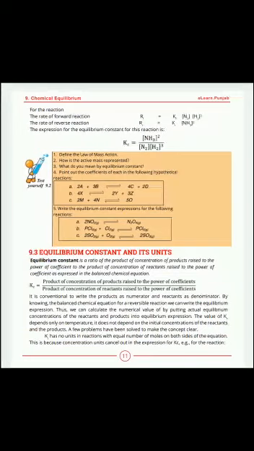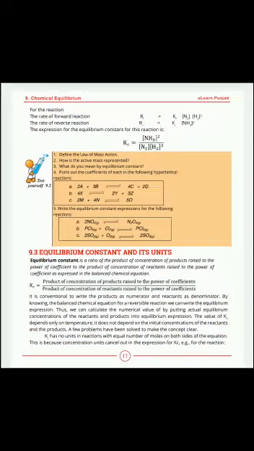The value of Kc depends only on temperature. Please note, temperature is very important for the value of Kc. It does not depend on the initial concentration of the reactants and products. Kc has no unit. In which case does Kc have no unit? Kc has no unit in reactions with an equal number of moles on both sides of the equation.